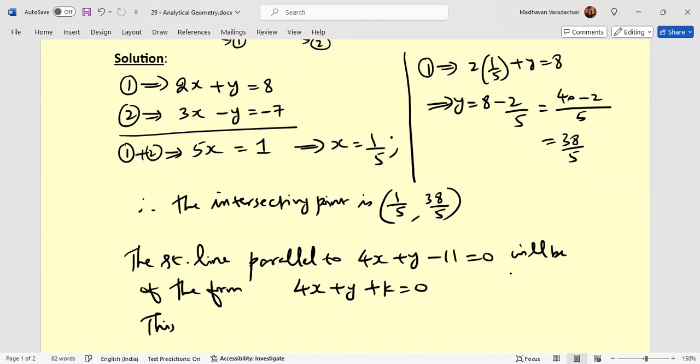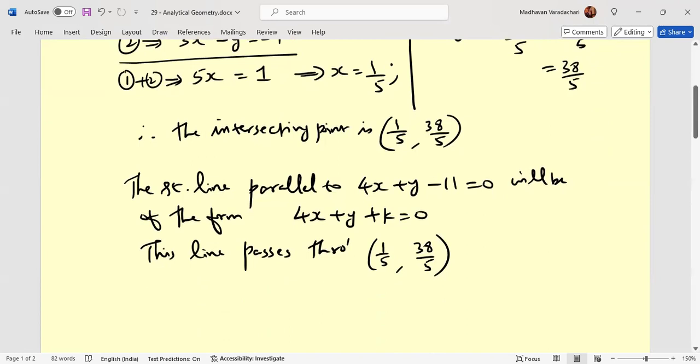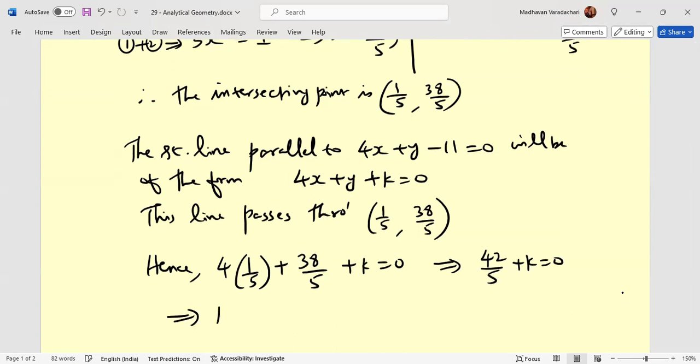This line passes through the above intersecting point, that is 1 by 5, 38 by 5. That means we can substitute the values: 4 times 1 by 5 plus 38 by 5 plus k equal to 0, which is 42 by 5 plus k equal to 0. That means k value will be minus 42 by 5.